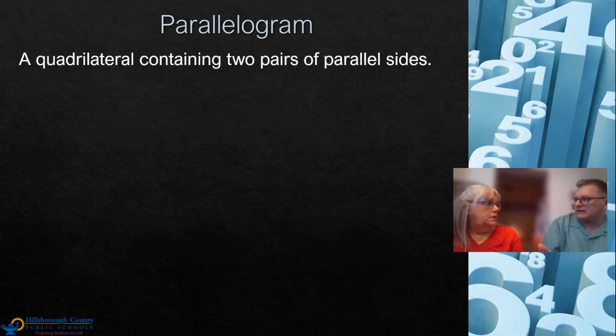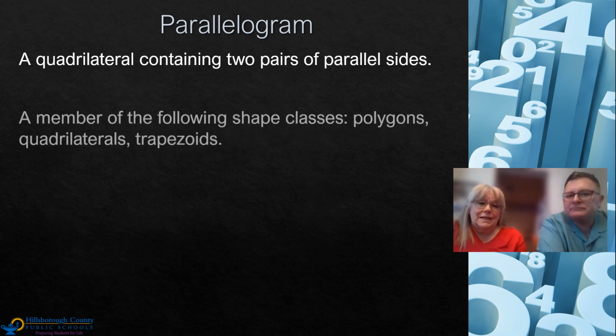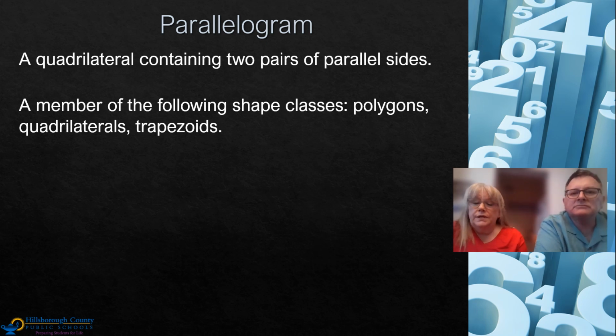That would be the defining attribute of a parallelogram. A parallelogram is a subcategory of three different categories: polygons, quadrilaterals, and trapezoids. A parallelogram is automatically going to fit into each of those categories because it has those defining attributes.